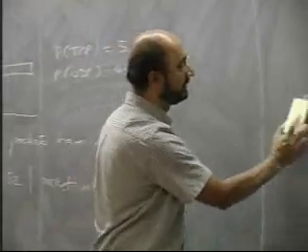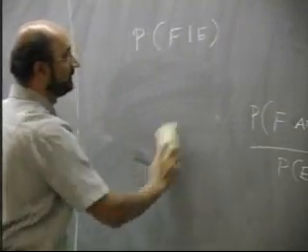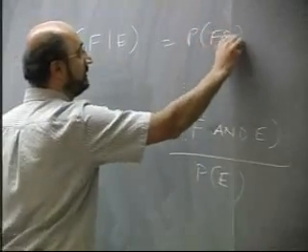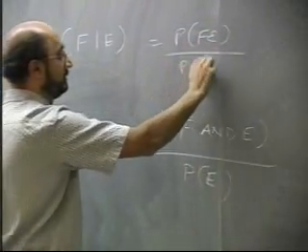Now you see how we use the conditional probability, and we can use the following. If you see this equation, P(F given E) is often written as P(F and E) over P(E).